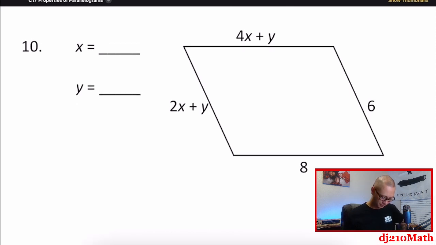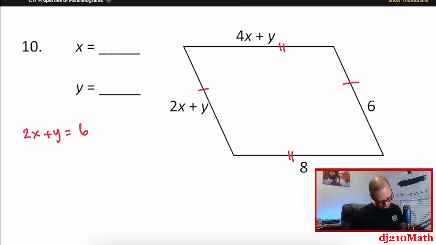Same kind of problem. It's almost identical, right? Except we're just dealing with sides. Opposite sides are definitely congruent. So 2x plus y is equal to 6.